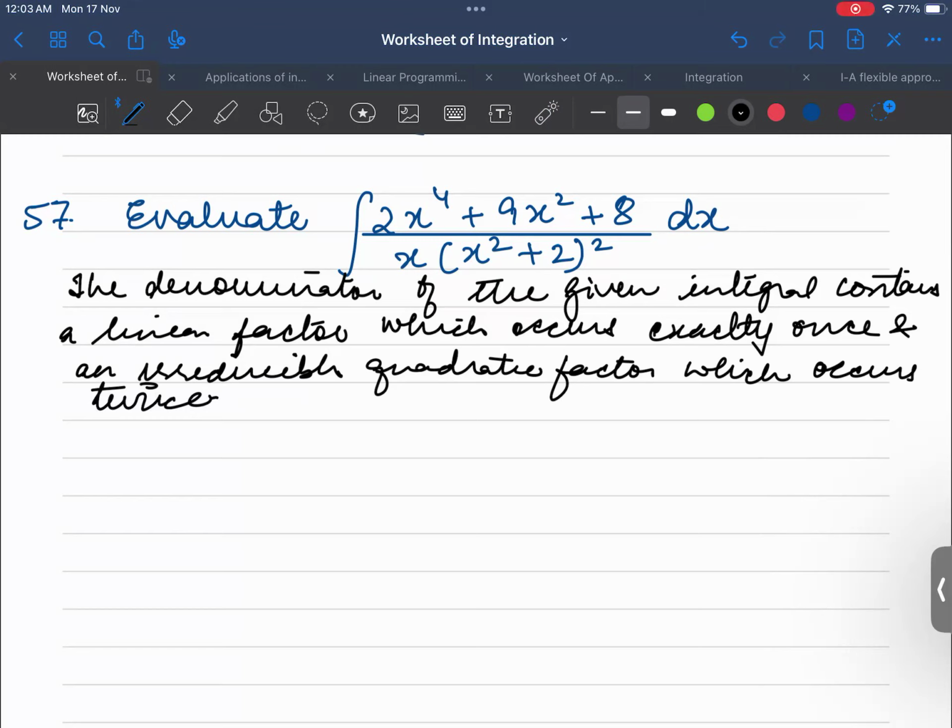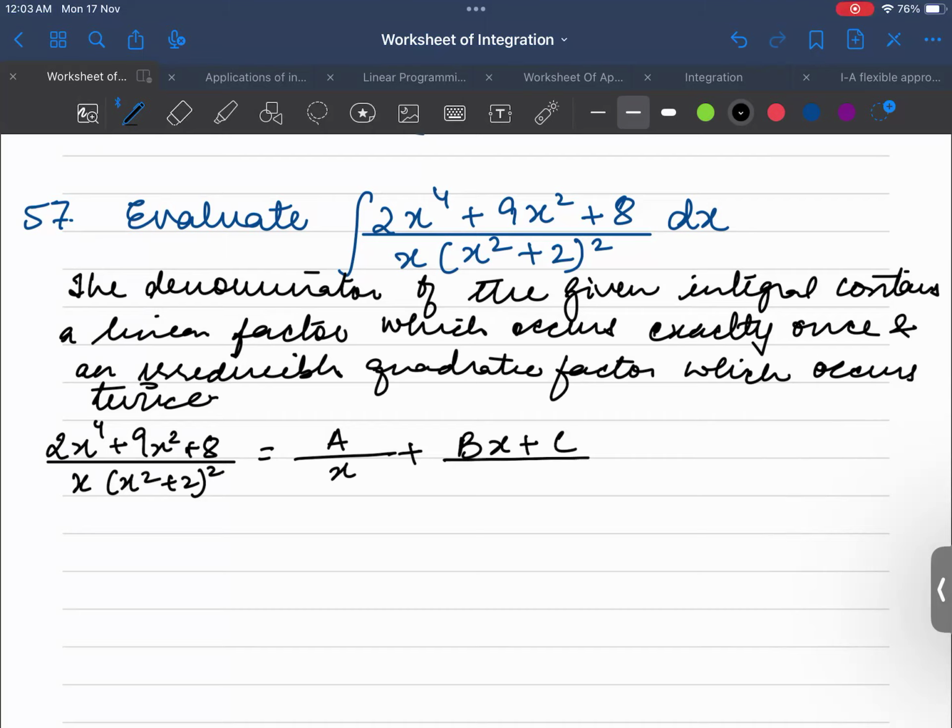Right? So we can say 2x power 4 plus 9x square plus 8, which is divided by x, x square plus 2 whole square. I can write it down as a upon x, plus, it is a quadratic, so bx plus c divided by the quadratic factor once, then plus dx plus e, because these are the constants, better to be in continuity, over x square plus 2 whole square, because it's twice.